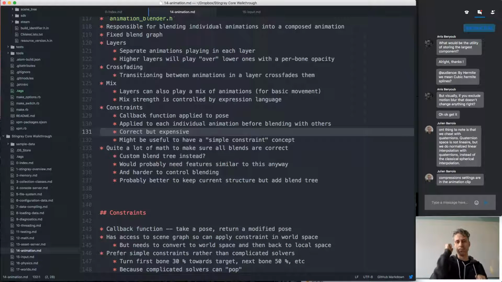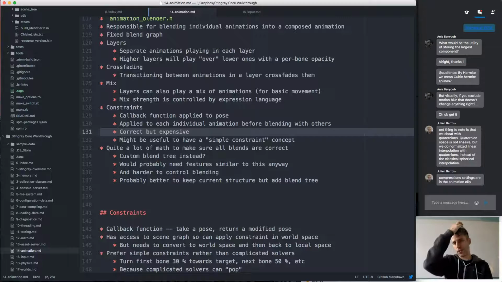The correct way would be to blend from the running animation to the aiming animation with the constraint applied, which is what we get by applying the constraint to the aiming animation before it enters into the blend system.